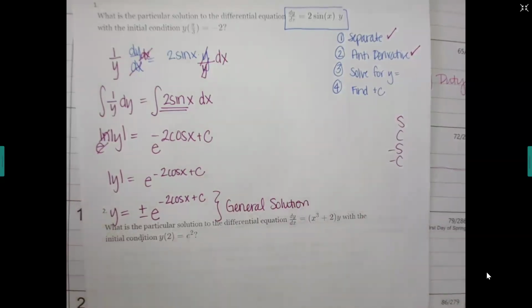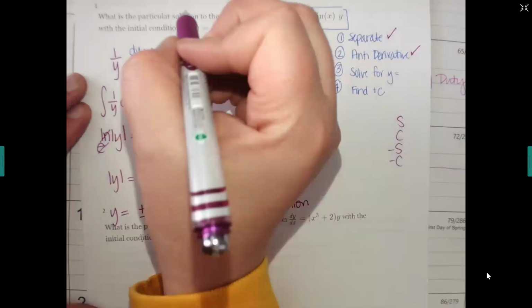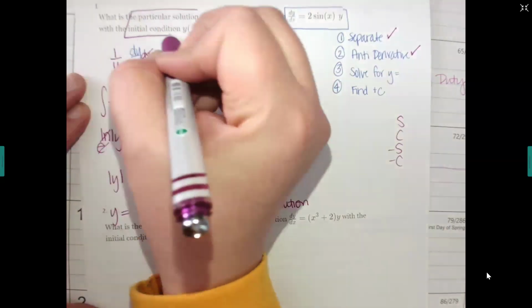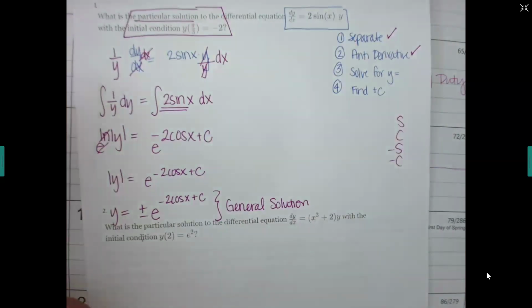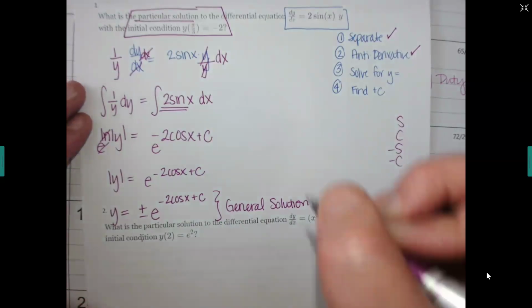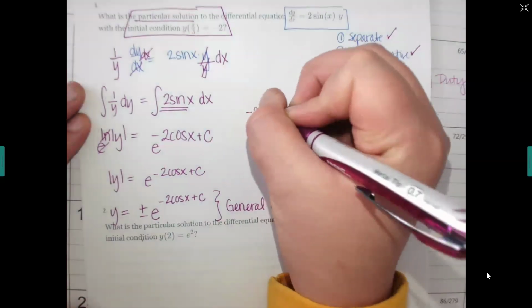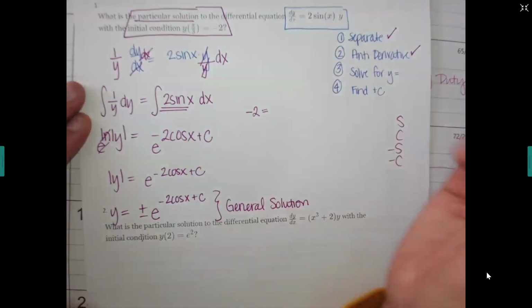So in order to go from a general solution to a particular solution, which is what they're asking you to find in the question, you're going to need to use the initial condition that they gave you right here. So it says y of pi thirds is -2. Then that means that -2 is the answer when I plug in pi thirds.